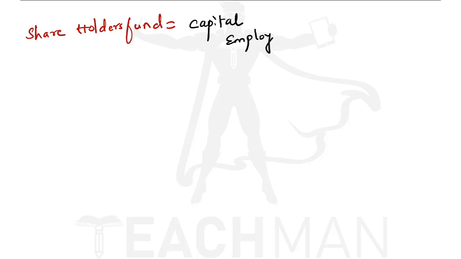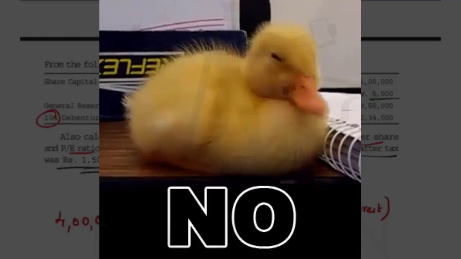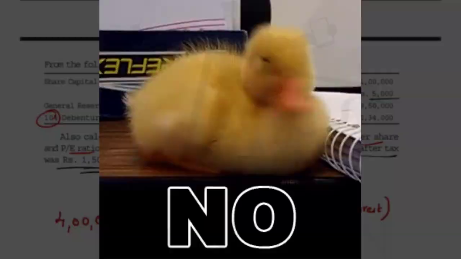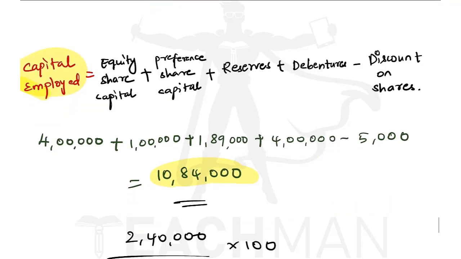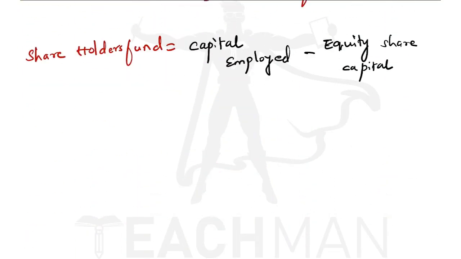So shareholders fund is equal to capital employed minus equity share capital. Now, what is the capital employed? In the question, there is no capital employed, but we have found in the previous ratio, that is return on investment, the capital employed, and we got 10,84,000. So this is the capital employed.